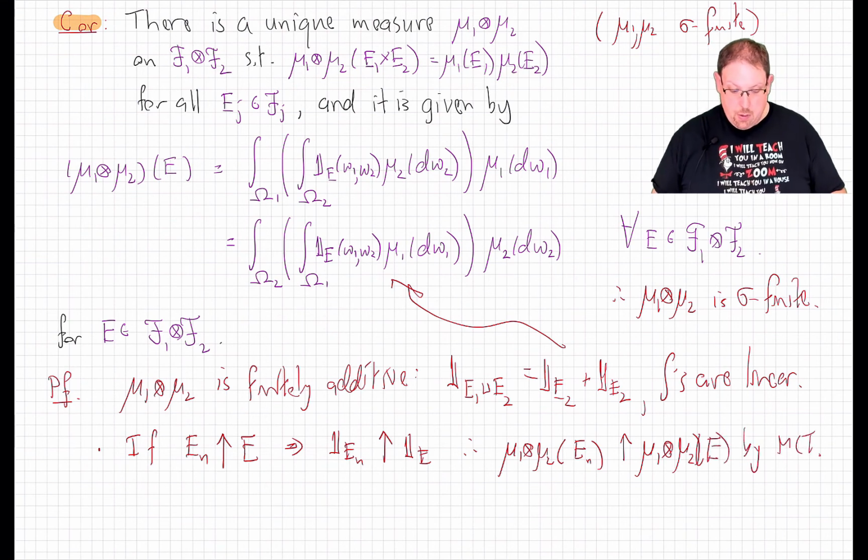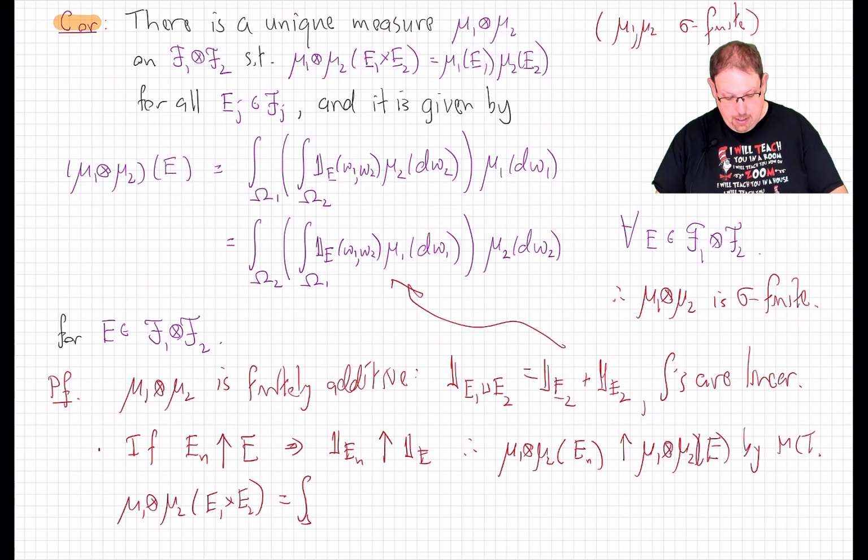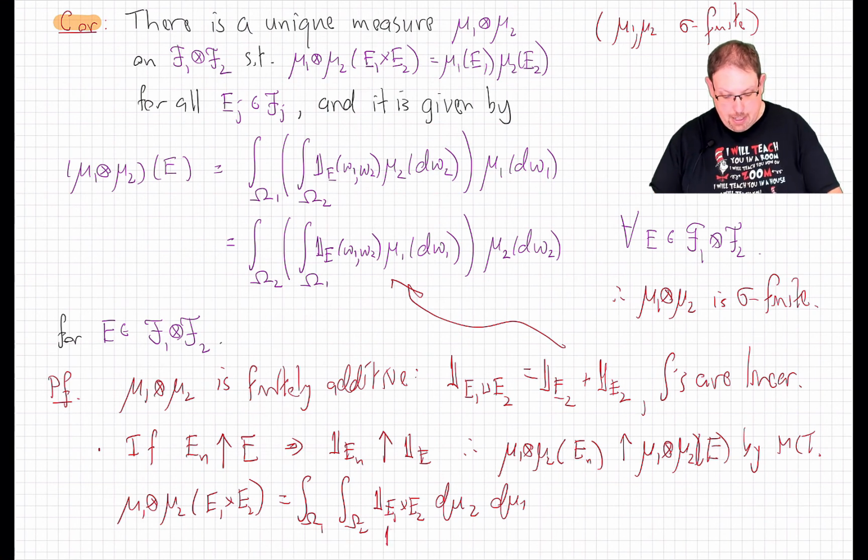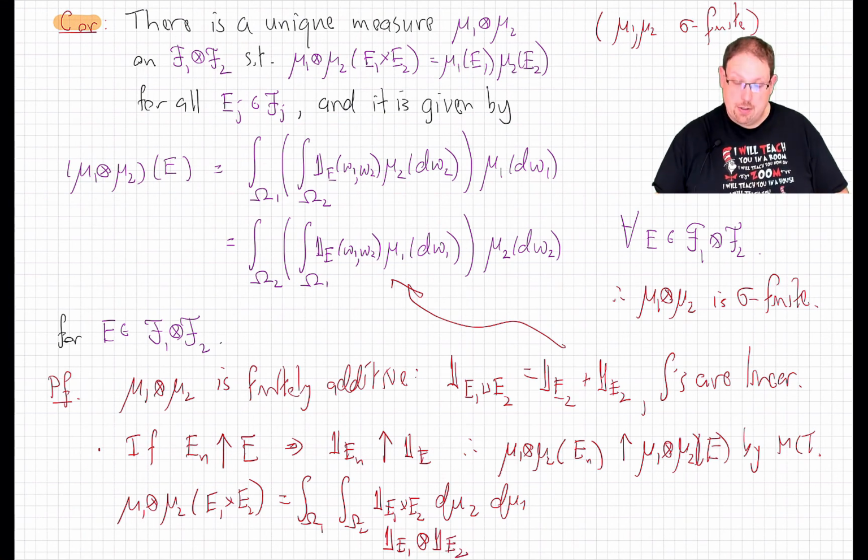Okay, so this thing defines a measure. Is it a measure that satisfies this rectangle property? Yes, because the product measure of a product set is the iterated integral of the indicator of that product set. But the indicator of a product set, as we've verified already twice, is the tensor product of the indicators of the two.